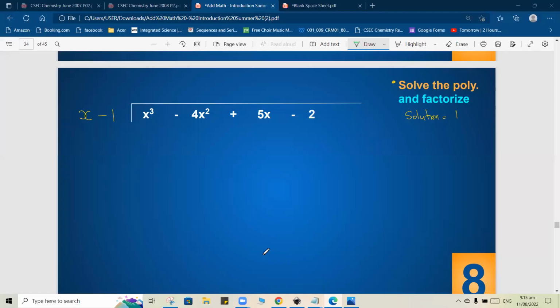Right, so let's divide it and let's see what we get. Once we get x squared here, multiply both of them. That's x cubed minus x squared.